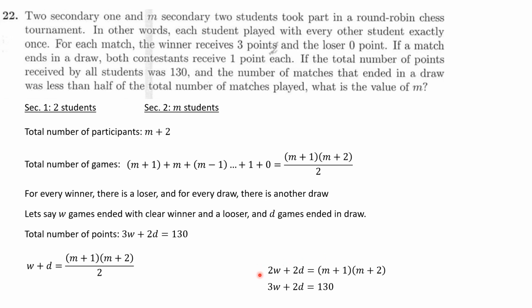One from the consideration of the points, and one from the consideration of the number of games played. I just got this by multiplying both sides by 2. Now let's move to a clear sheet of paper and just copy this equation.